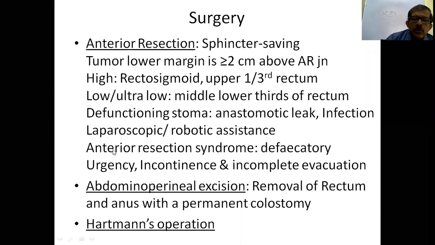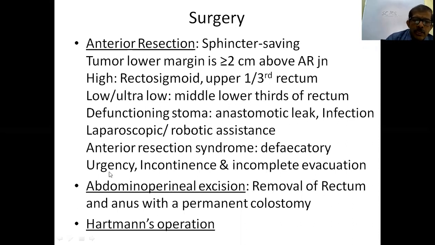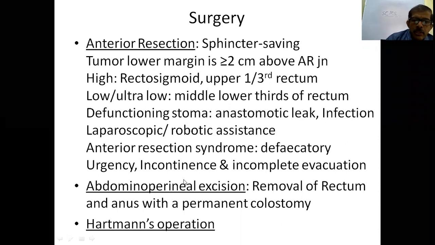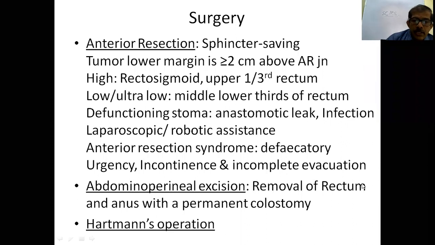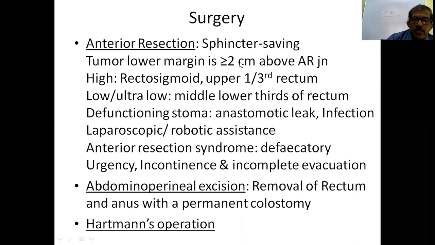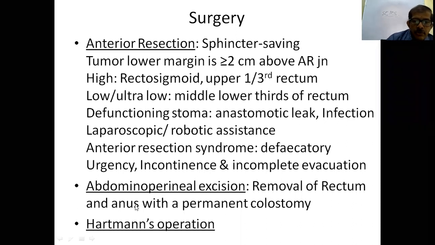If the growth is lower down, that is the lower 1/3, then you need to do abdominoperineal excision. That means you will remove the rectum and anus even, because you cannot achieve sphincter saving. If you cannot achieve sphincter saving, there is no point in anastomosing colon and anal canal.